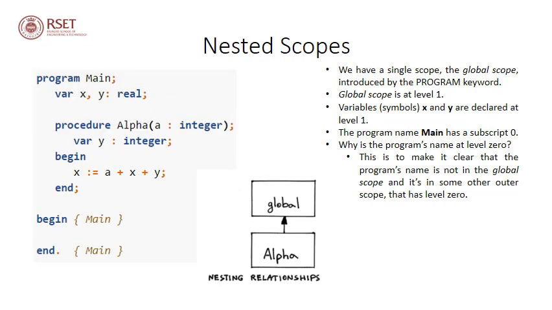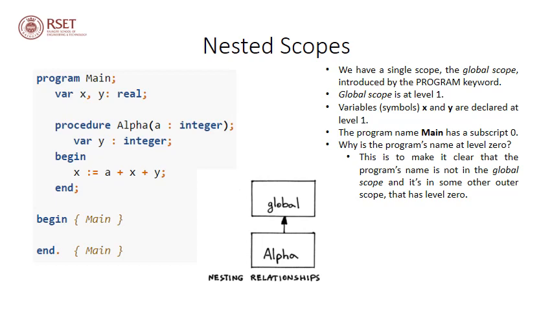Let's now discuss implementing nested scopes. Here we have the same Pascal program, program main, with variables x and y, and we have made a slight modification. There is a nested procedure called alpha within main, and alpha takes an input parameter a of type integer, and within alpha we have a temporary variable y, which is also of type integer.